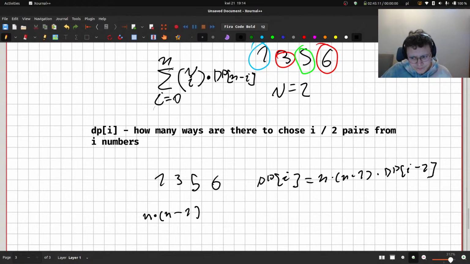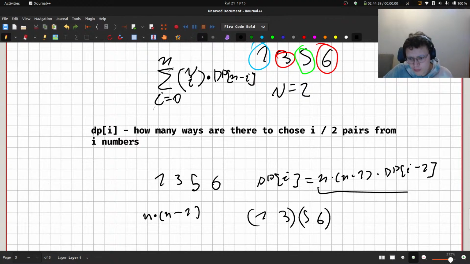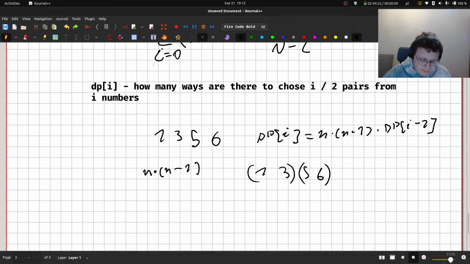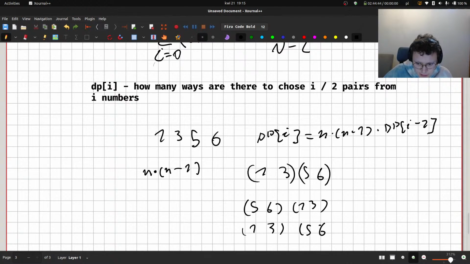But also you need to notice that when we have some set of pairs, let's say we divide them like this, in this formula we'll calculate both orderings. So we'll calculate these ones and these ones, and those two are the same for us. So at the end we need to divide dp from i after calculating.